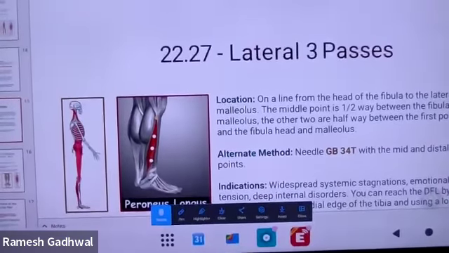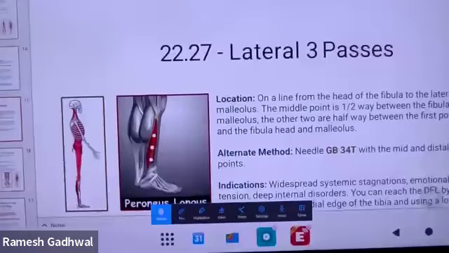I am asking you. GB34 is right, sir. Here, 22.27 lateral three phase. Is it right or wrong?